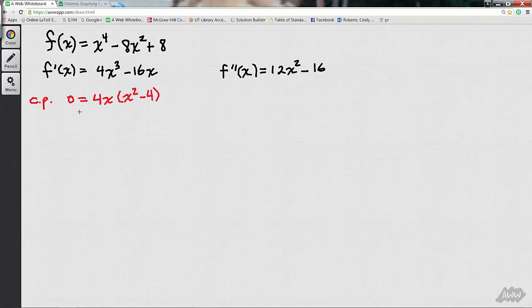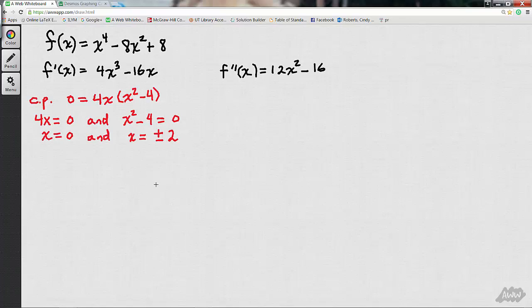And so I set each factor, so I set 4x equal to 0 and x squared minus 4 equal to 0. And I solve each one of these for x, so I get x equals 0 and x equals plus and minus 2. Because when you move the 4 over, then you have to do plus and minus when you square root it. So these are my critical points.